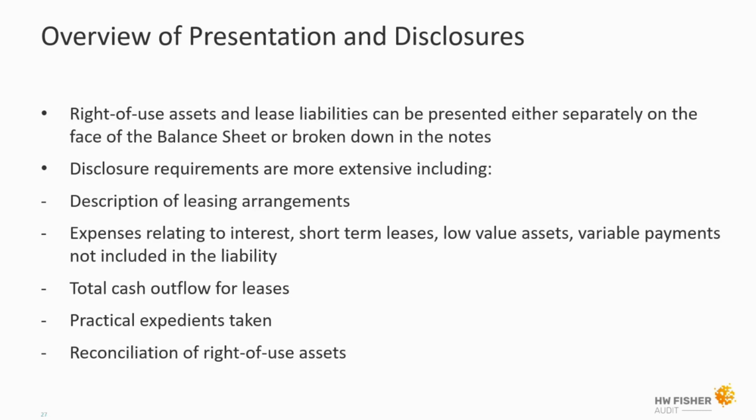You're not necessarily going to have to calculate, but if there's a variable payment, for example, where you have to pay additional depending on your turnover in the year, whatever that additional variable payment was that you paid for that year, you have to then disclose it in the back end to talk about an additional cost that went through due to a variable payment in relation to this asset.